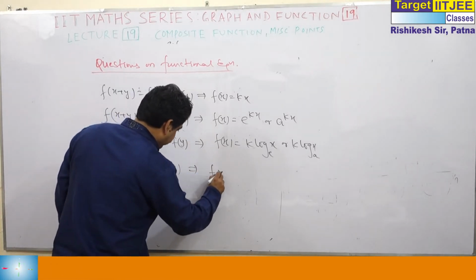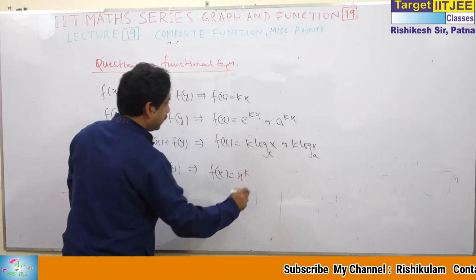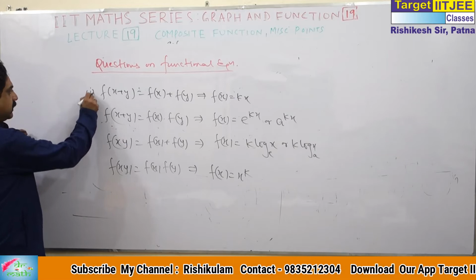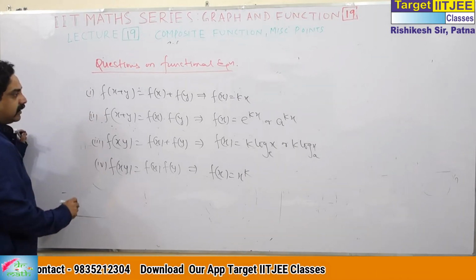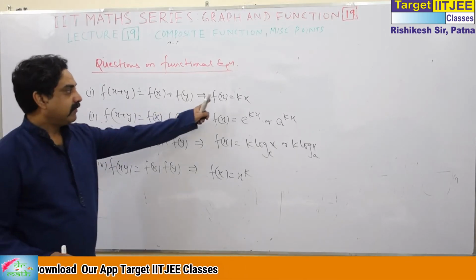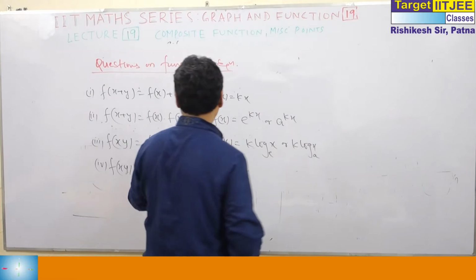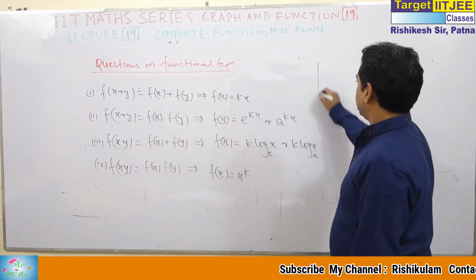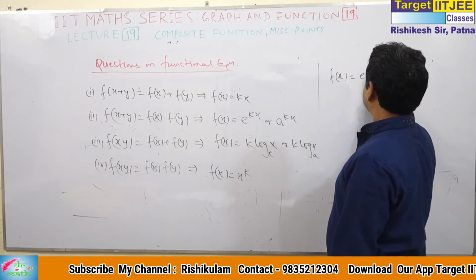I will do the proof of one or two in differentiability. What does it mean? This is number 1, number 2, number 3, number 4. Suppose I am going for the second one. Suppose f(x) = e^(kx).